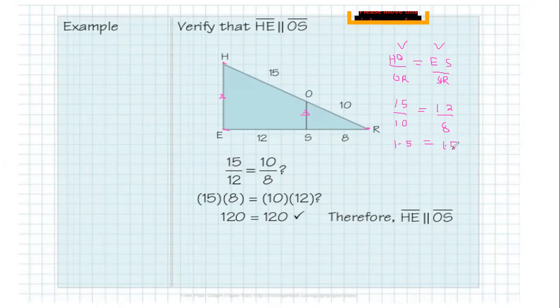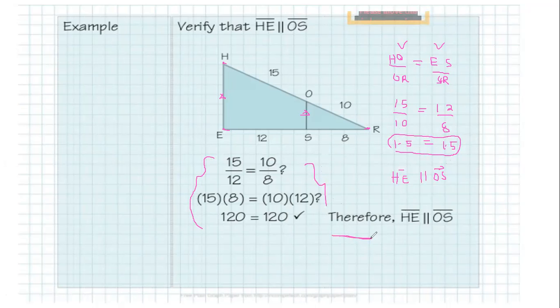Since the two give the same ratio, the line HE is parallel to the line OS. Or if you want, you can do it in this same way here. They've done it here.